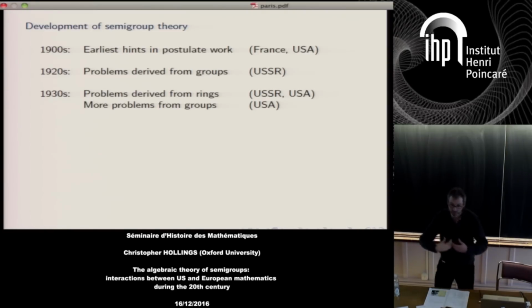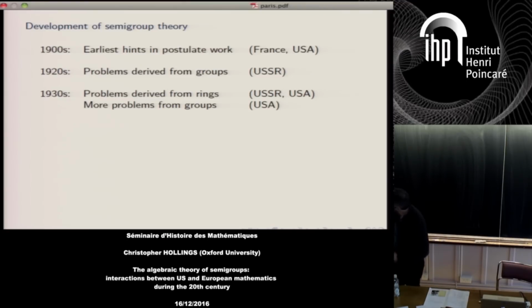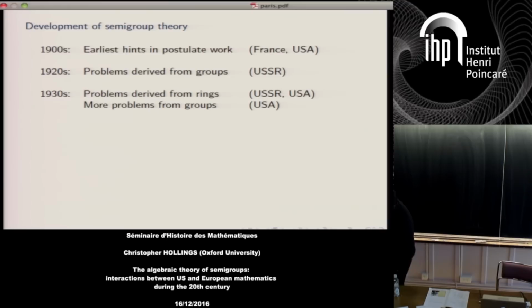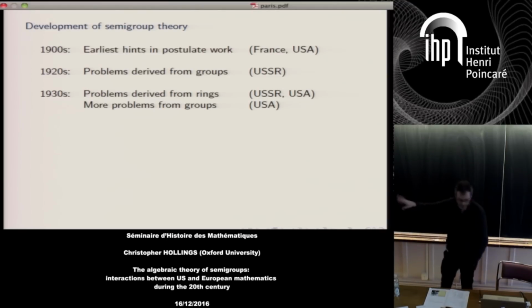So can we just develop a purely multiplicative theory? This is the sort of problem that arises here. Similarly, there are questions about embedding rings in skew fields that are adapted to questions about embedding semigroups in groups. And then there's some more postulate work that pops up at this time, coming from a group theoretic angle.